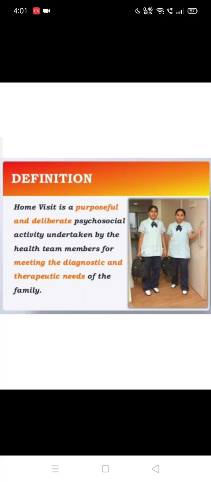Therapeutic is nothing but treatment. So the second definition is telling: it is a purposeful as well as deliberate psychosocial activity undertaken by the home healthcare team members to meet the diagnostic as well as the therapeutic needs of the family.